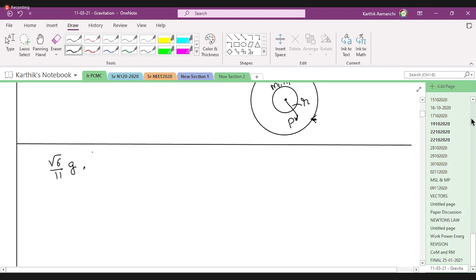The average mass density of the planet is 2 by 3 times that of Earth. The escape velocity for the planet is?